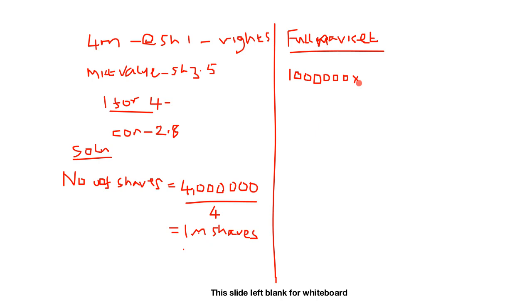We multiply it by the concessionary price, 2.8, divided by the market value, 3.5.